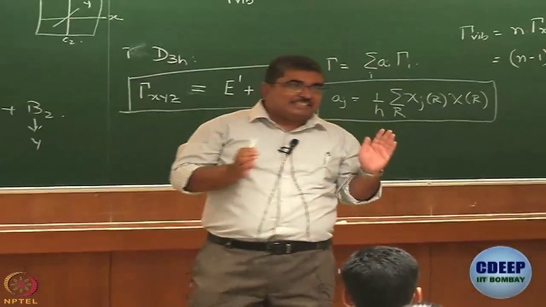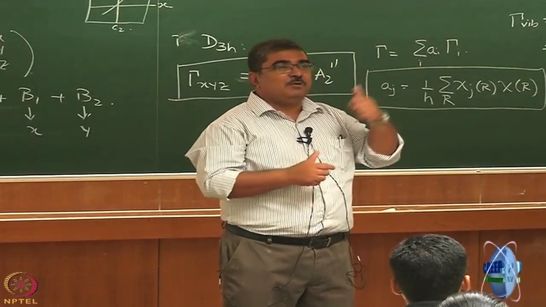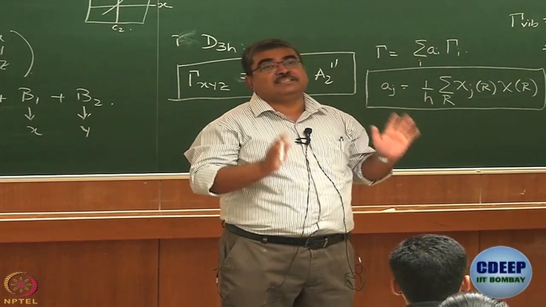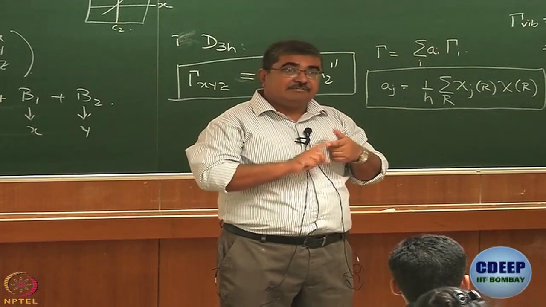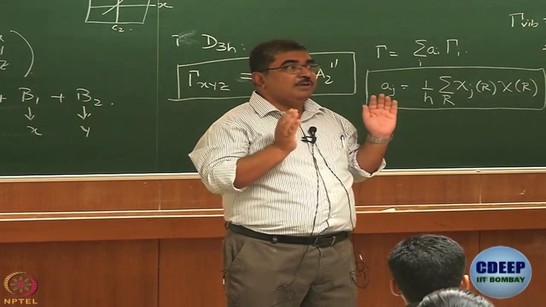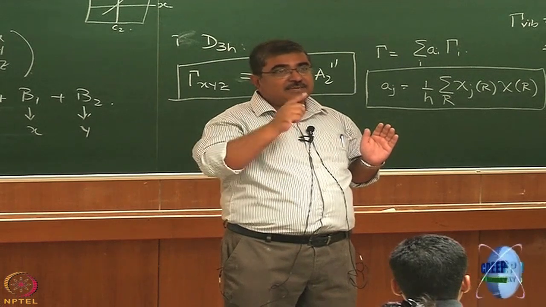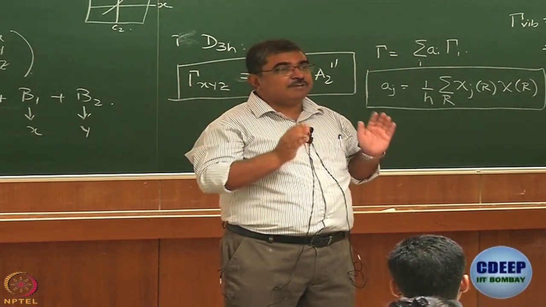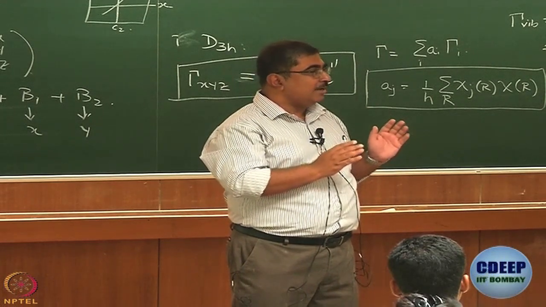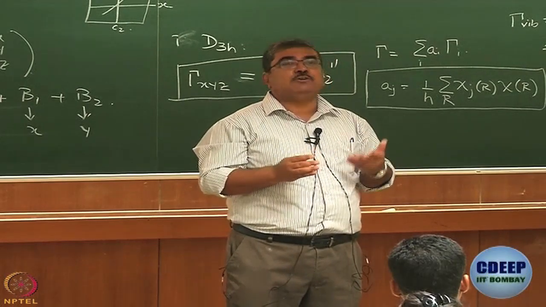What I am trying to say is this. First thing, what we have said already: do not forget to multiply by the coefficient because we are talking about symmetry operations, not symmetry elements. Second thing, very important to understand: when you have a more than 1 dimensional representation, their dimensionality gives you the number of elements in the basis. So, when you have E dash, that is a 2-dimensional representation. Each E dash stands for 2 coordinates.